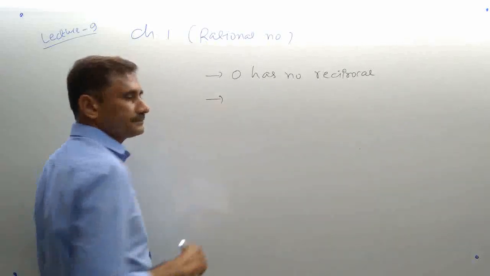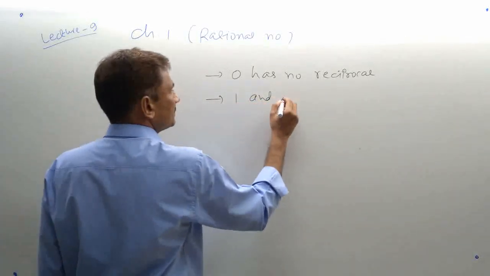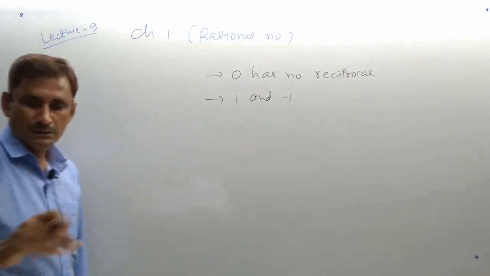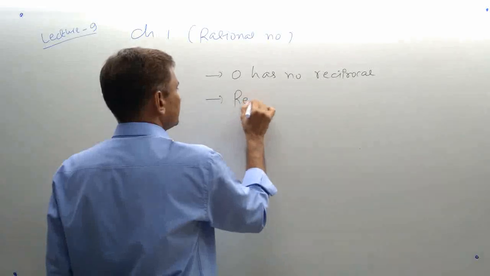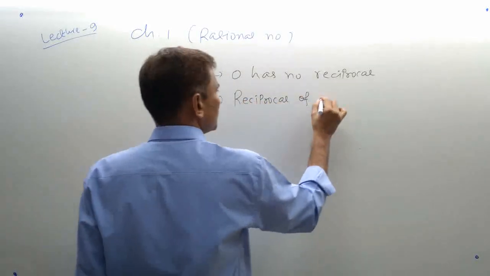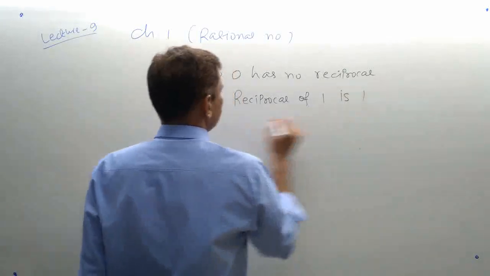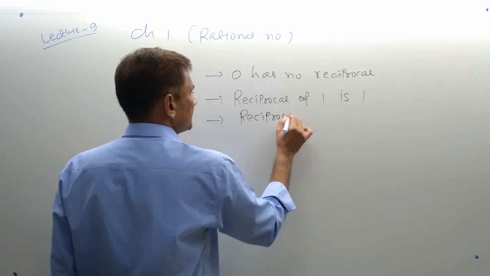Next, reciprocal of 1 and minus 1. Reciprocal of 1 is 1 and reciprocal of minus 1 is minus 1. So it is itself only.